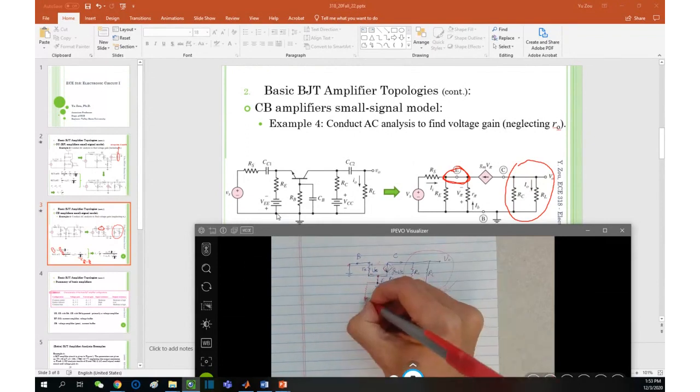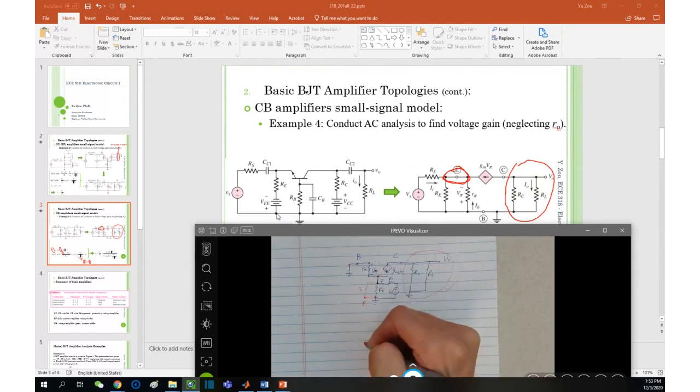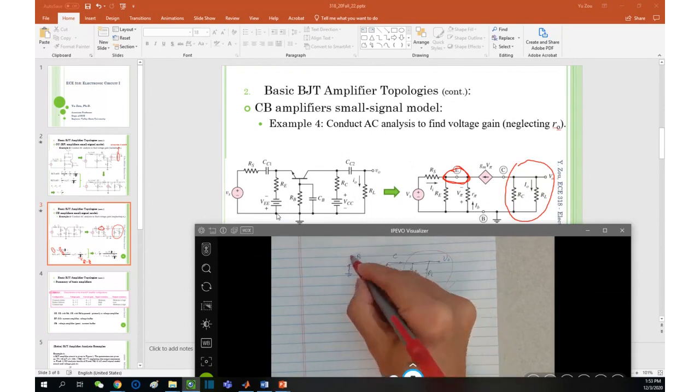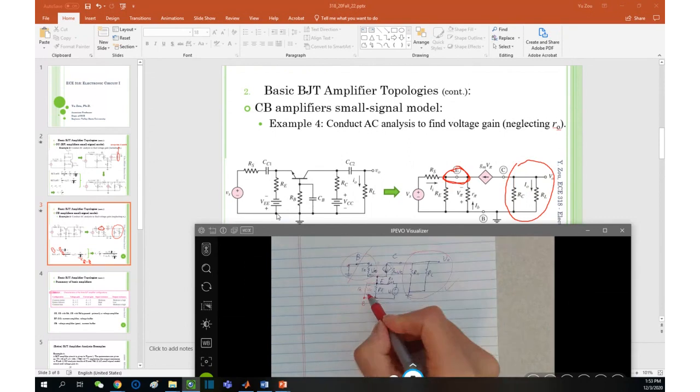So here is going to be the base. Here is the R pi. However, be very careful. The V pi negative polarity is the emitter, so it's up here, positive here. This is V pi. So now here is gone, becomes this. Once again, negative polarity of the V pi is at the emitter. Positive polarity of the V pi is the ground.